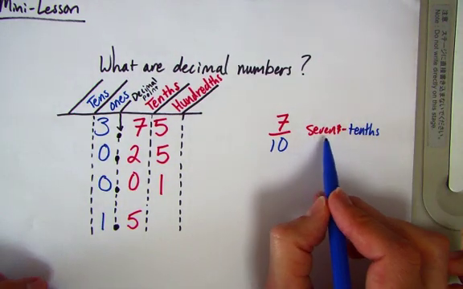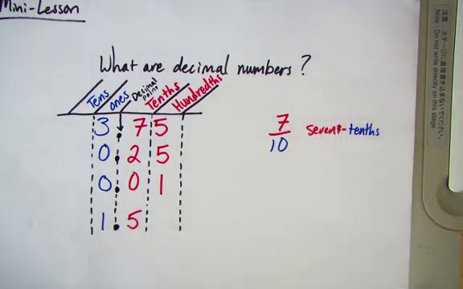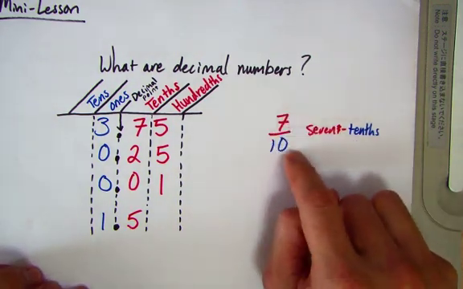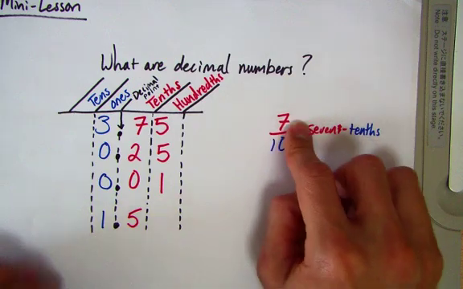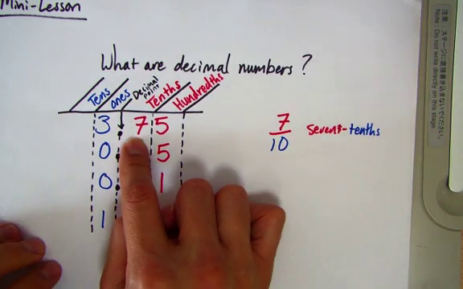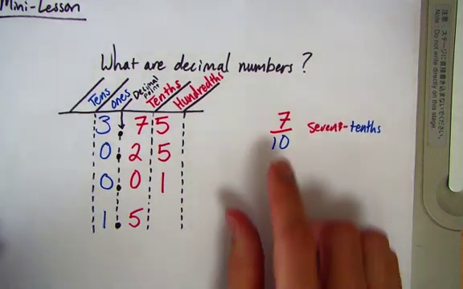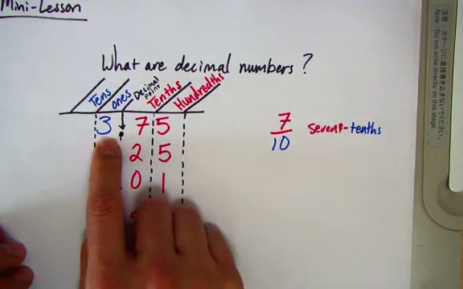We even practice writing out fractions in class. So you say 7 tenths to speak this fraction. Now, it's the same with decimal numbers. You say it like you're reading a fraction, basically. That's it.